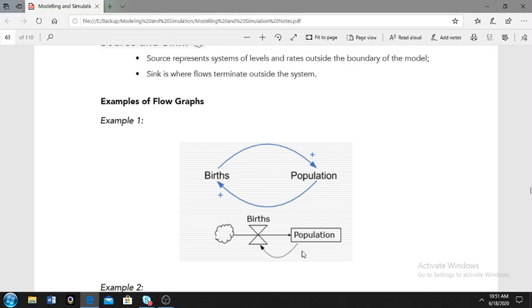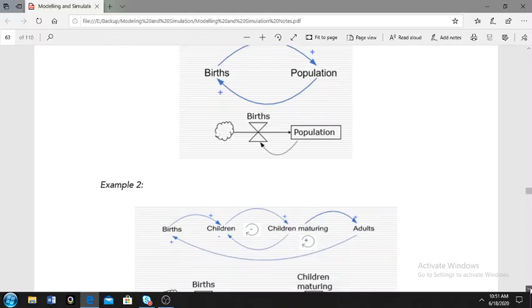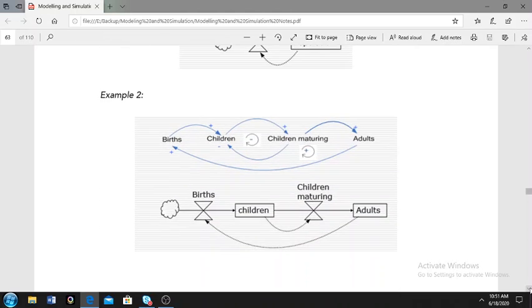The population is accumulating, so it is a stock, and the population accumulates because of birth. You get that? So birth is a flow. Now here we have a source, and if you want, here you can put a sink. Good. Now let's translate this.